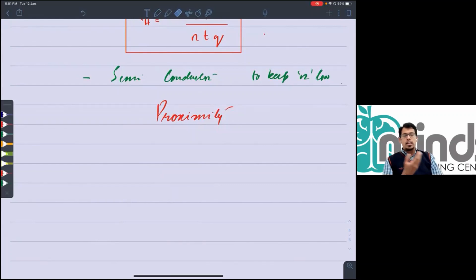Similarly, in many automatic doors, when you go to a mall and stand in front of a door, the door actually gets open. They make use of proximity sensors as well. Most of the time they are using the photoelectric effect, but Hall Probe can be used even there.